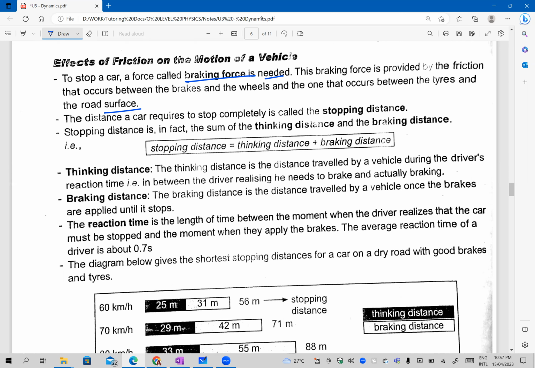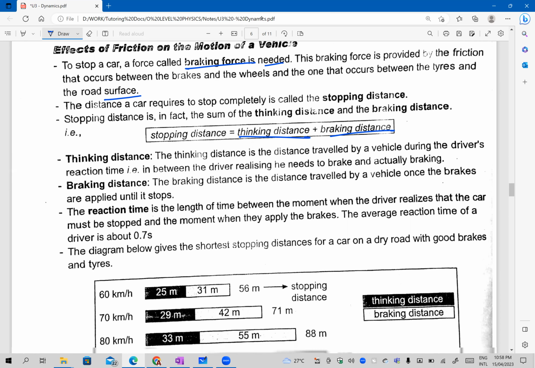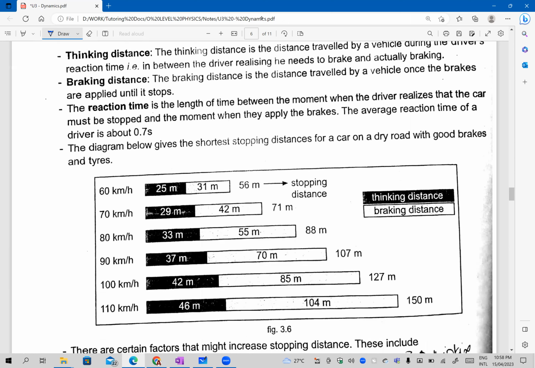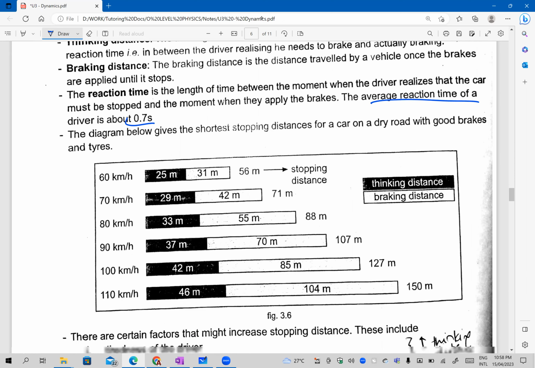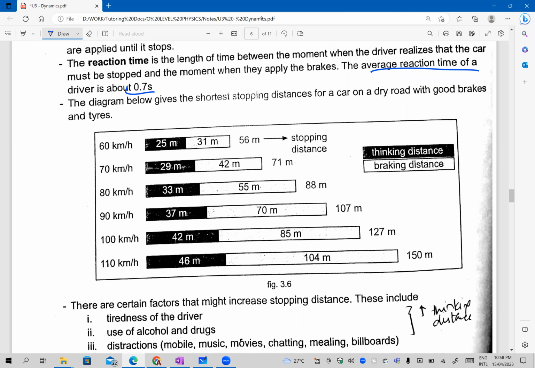So there's a thinking distance, there's a braking distance. You add these two distances, you get the stopping distance. An average reaction time is about 0.7 seconds, less than a second. Let's look at this diagram to understand the shortest stopping distance for a car on a dry road with good brakes and tires.